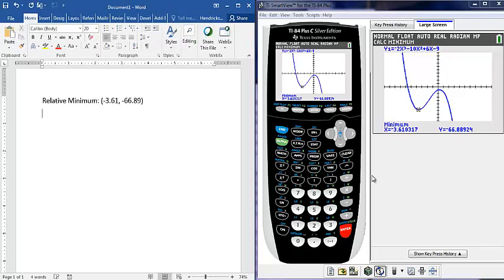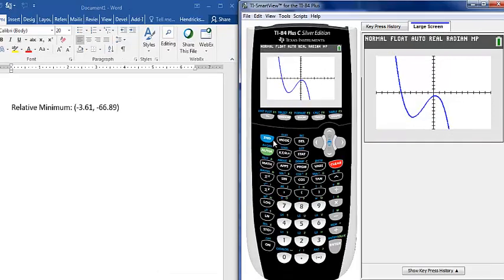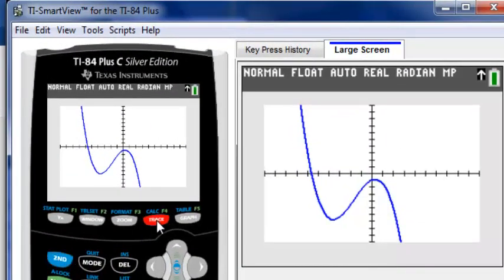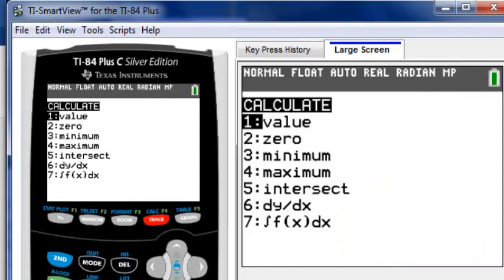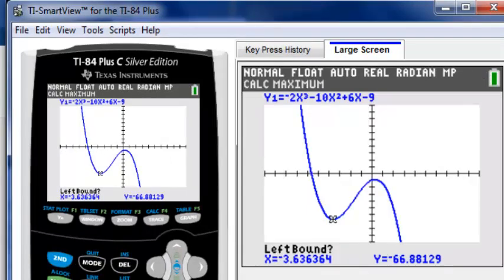Now to obtain my relative max, I'm going to clear this out and I'm going to press second trace and choose now option 4, which is a maximum. And notice that it says left bound, so I need to be somewhere on the left side of that peak. So I'm just going to move closer to it.